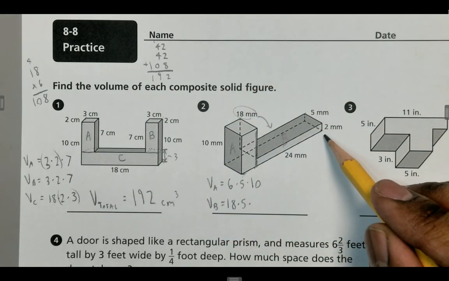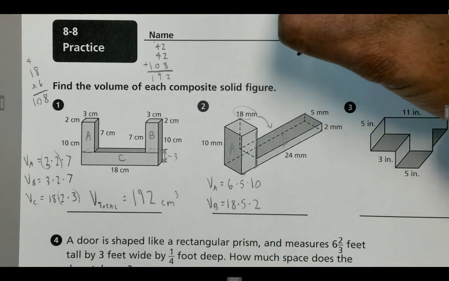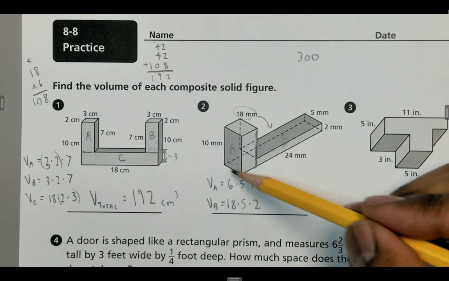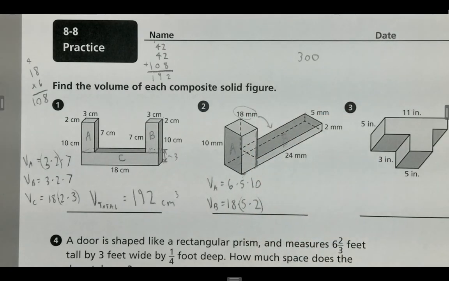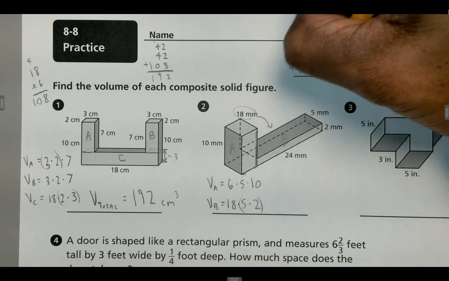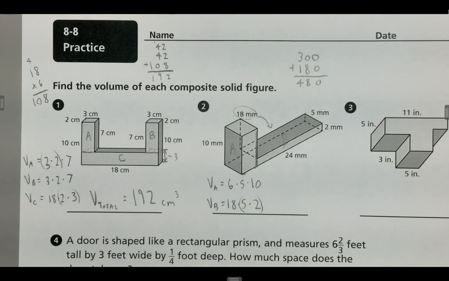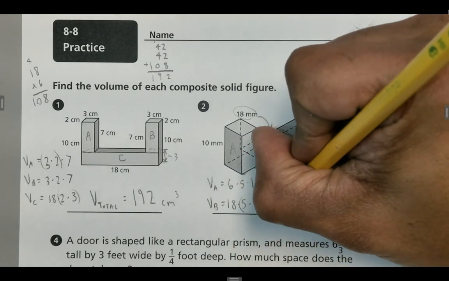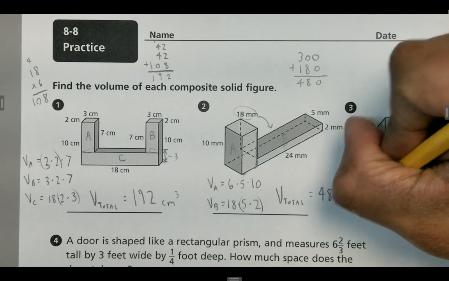And my height is 2. 6 times 5 is 30. 30 times 10 is 300 for part A. For part B, 5 times 2 is 10. 10 times 18 is 180. We'll add them up, and we get a total volume of 480 cubic millimeters.